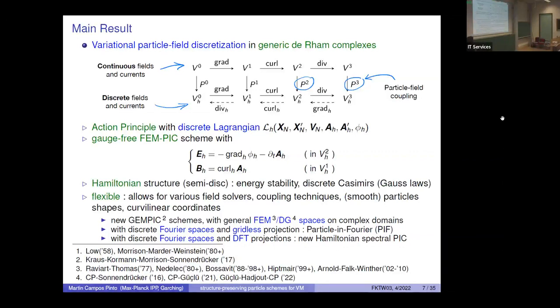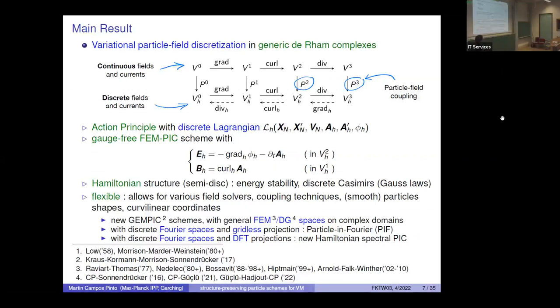So you can see here, on this row, the exact fields, the exact solutions of the Maxwell equation, but actually you can also see the fields and current densities discretized by particles. Okay, they also belong in some sense to these spaces, because they do not belong to the discrete spaces, so they belong to larger spaces.